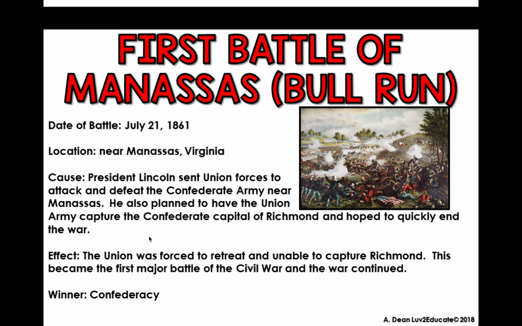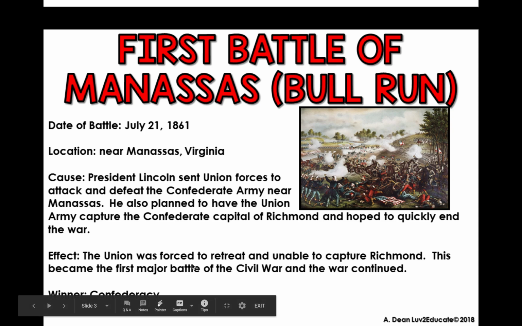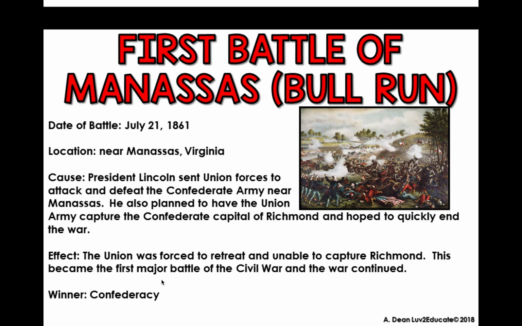The Union was forced to retreat and was unable to capture Richmond in Virginia. This was known as the first major battle of the Civil War, and the war would continue after that. So, once again, the Confederacy won this battle as well. As you can see, in the very beginning, the Confederate States were winning those battles.